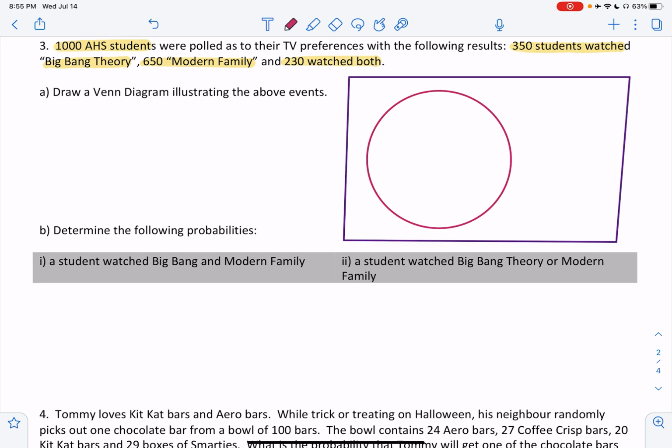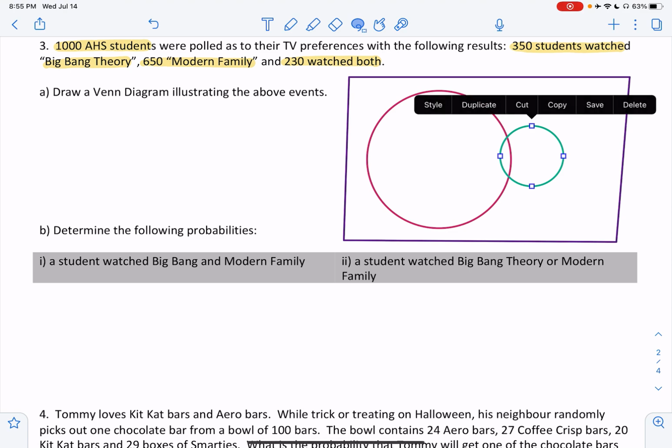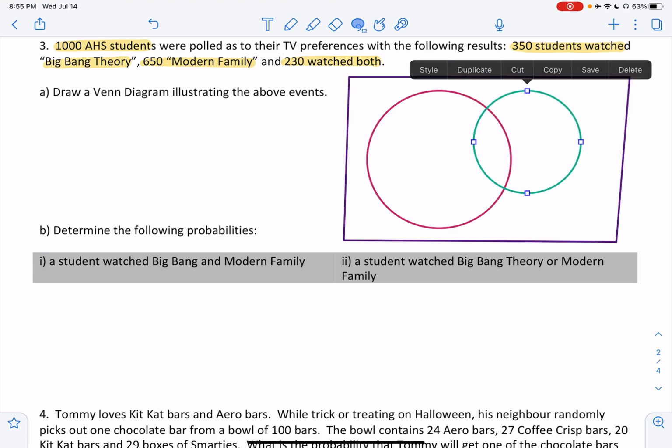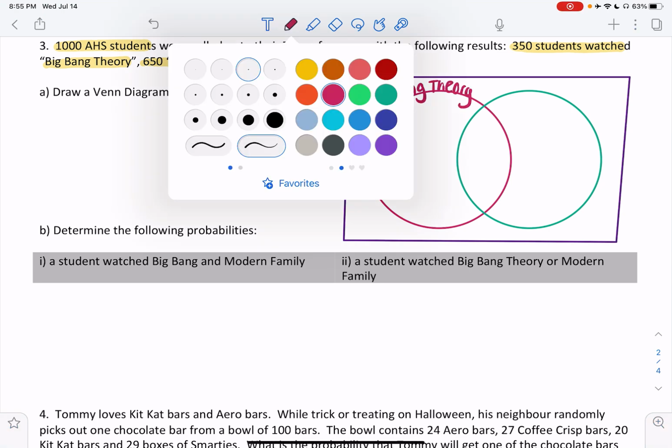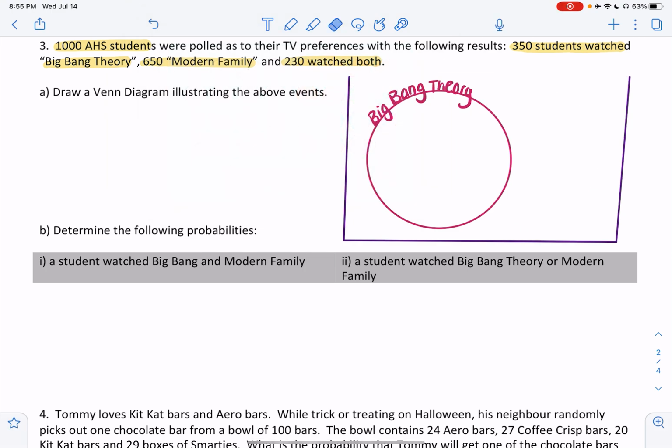And we'll need a second one. There we go. Perfect. So our 2 circles, we're looking for those who watch the Big Bang Theory and those who are watching Modern Family.